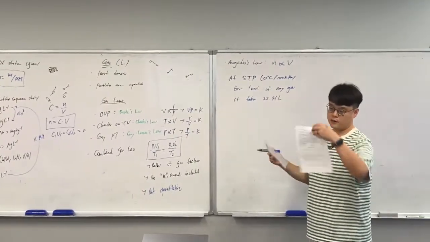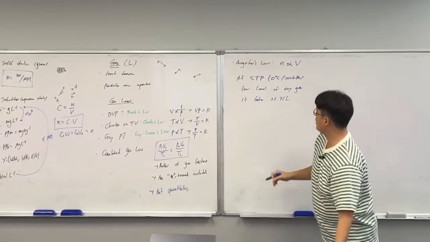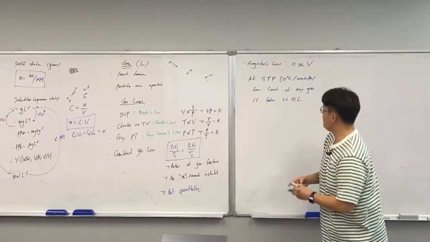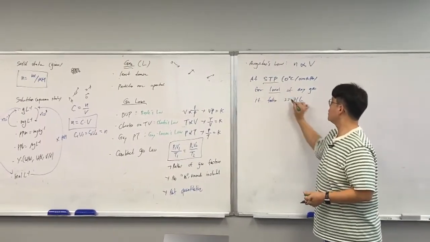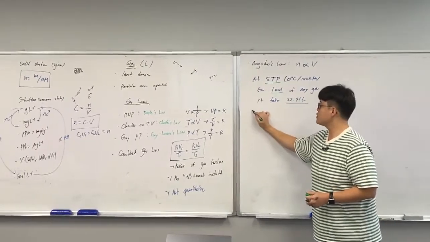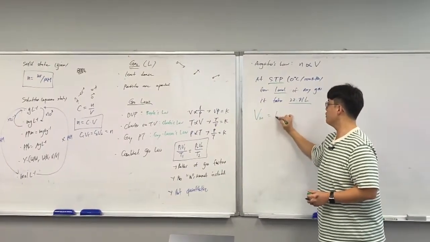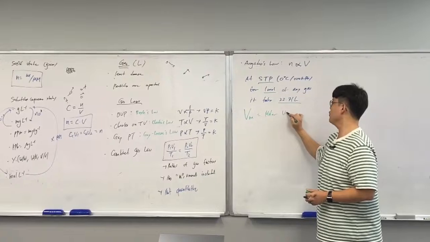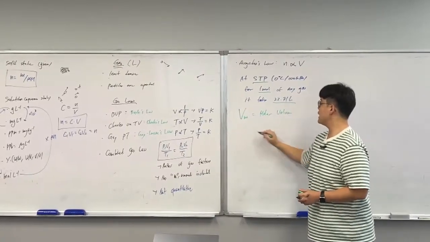Just confirm. Yeah, 22.71 liters. So for STP, 1 mole is 22.71 liters, which we can write as the molar volume at STP.